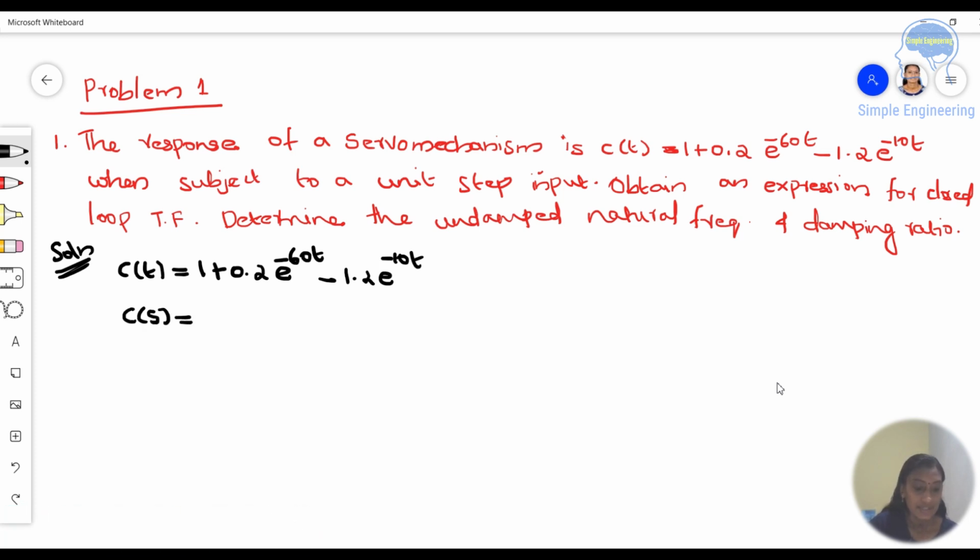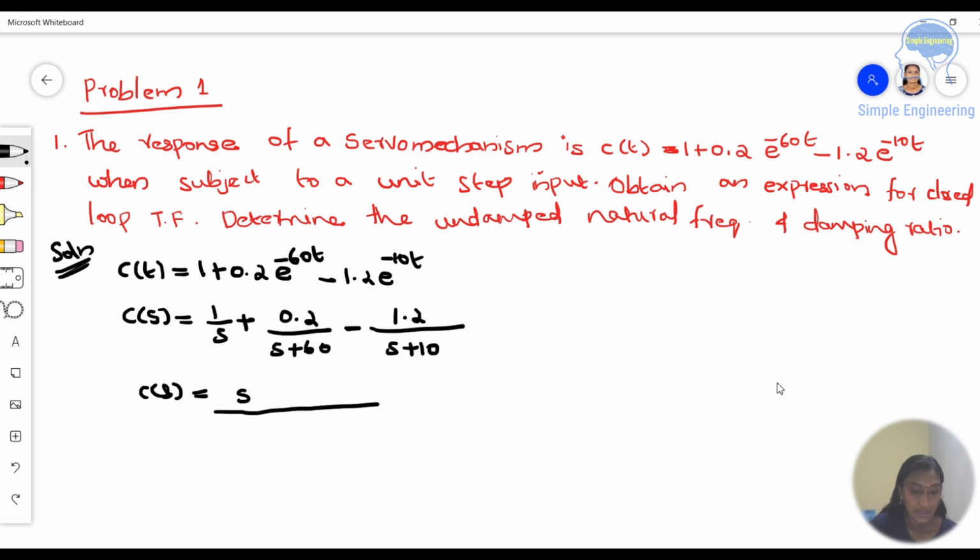So C of s is the Laplace transform of this: 1 by s, plus 0.2, that is constant, e power minus 60t is 1 by s plus 60, minus 1.2 is constant, and e power minus 10t is 1 by s plus 10. So your C of s will be equal to this, you have to find the LCM. So your denominator will be s into s plus 60 into s plus 10.